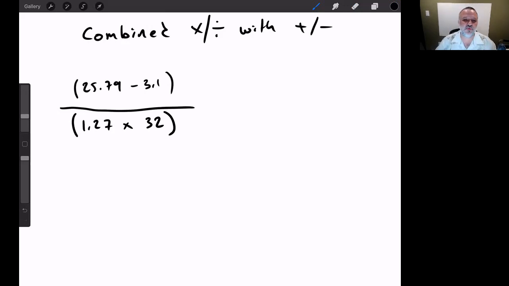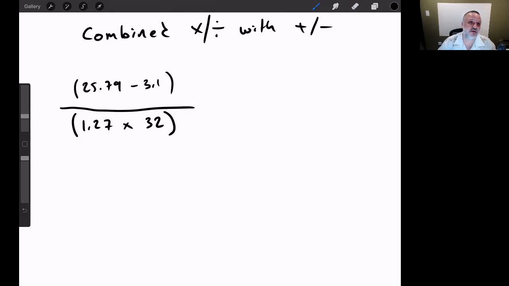So what do we have going on? In the numerator, in the parentheses, there is a subtraction. In the denominator, in the parentheses, there's a multiplication. And then at the end, I have to do a division. And so remember, you're going to use the same order of operations that you use in math, right? Please excuse my dear Aunt Sally.